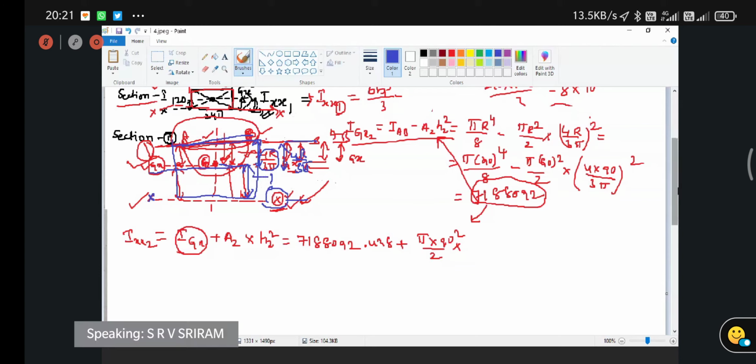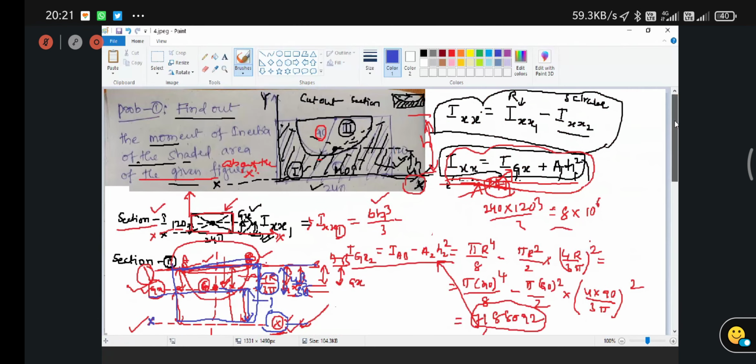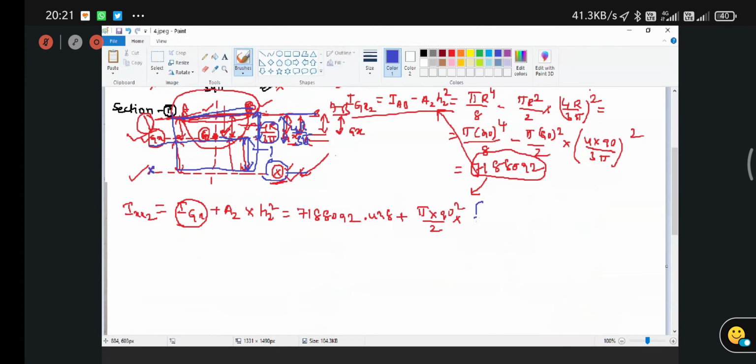The height of the rectangle is 120. So 120 minus 4r by 3π, whole square.